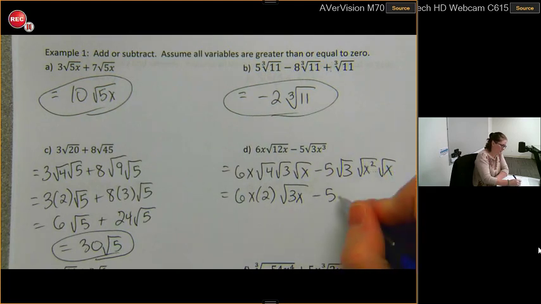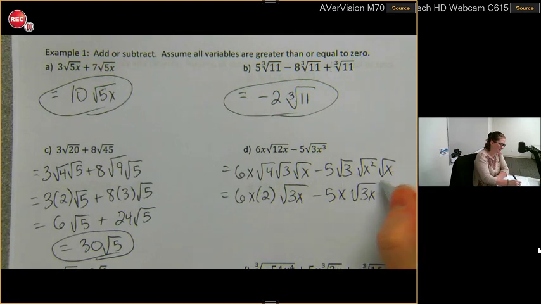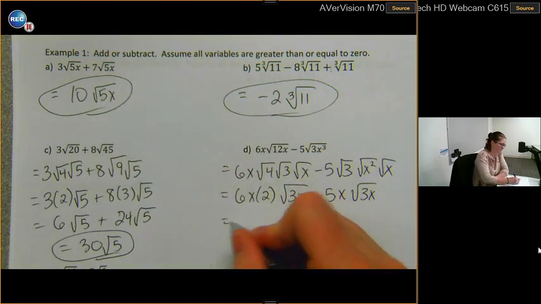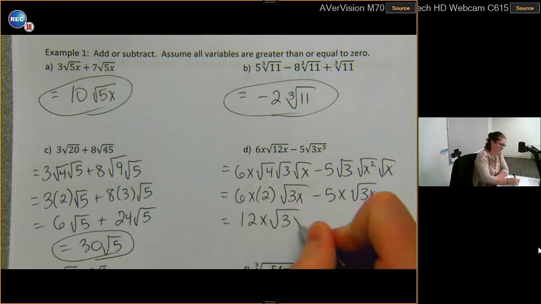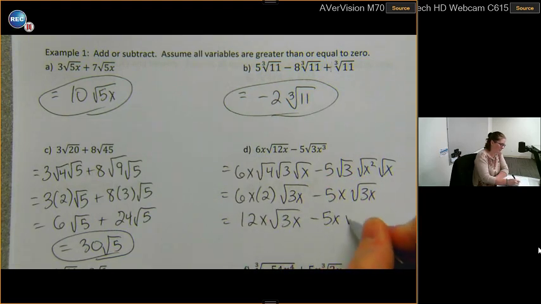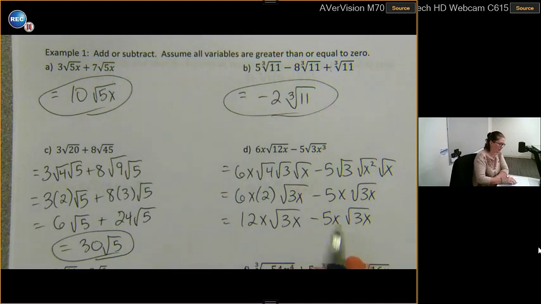The square root of x squared is just x, and then I'm going to put the 3 and the x together. So 2 and 6 makes 12. And now I have like radicals. They're both the square root of 3x. 12x minus 5x is 7x square root of 3x.